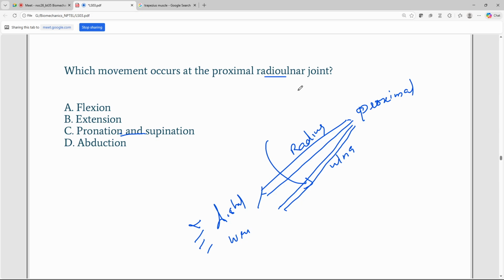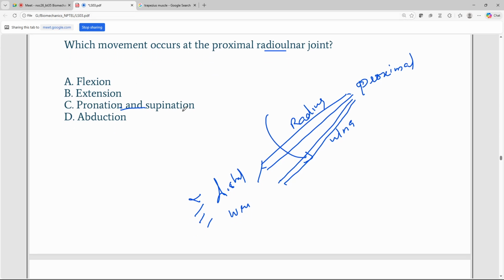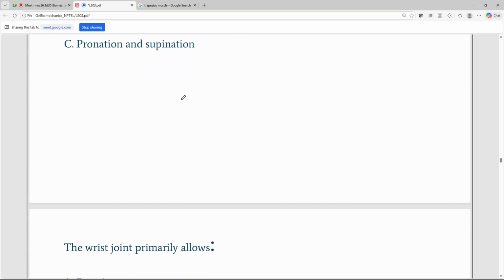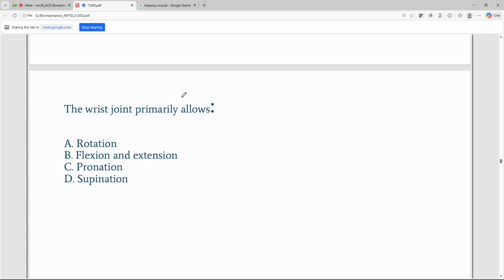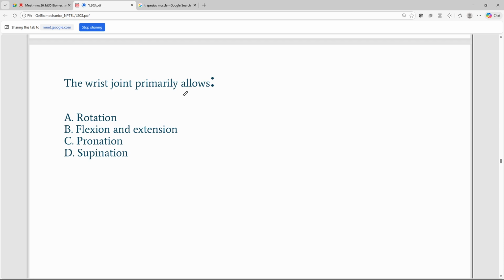The wrist doesn't have that Z axis rotation. Our wrist only has X and Y rotation. Z axis rotation is what is called pronation and supination, and this is facilitated by the movements of the radius and ulna.